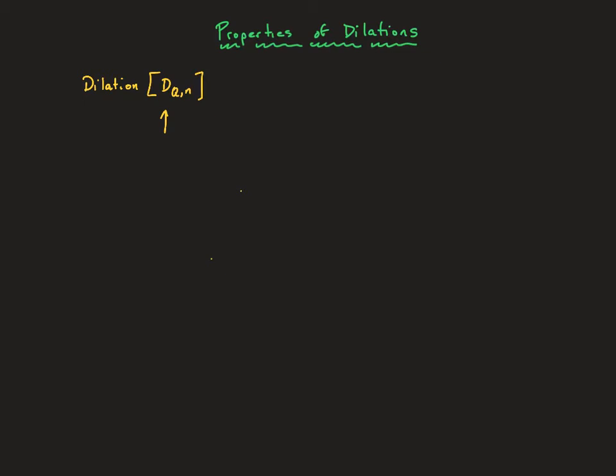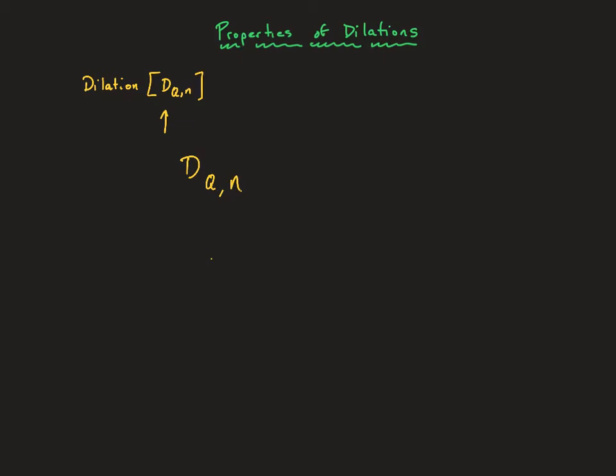So N is going to be what you're multiplying by to get to that new point. So looking at this, Q would be my center of dilation. So I'm going to have a dilation. Q would be my center, and N would be the amount that my new image is going to be multiplied by.